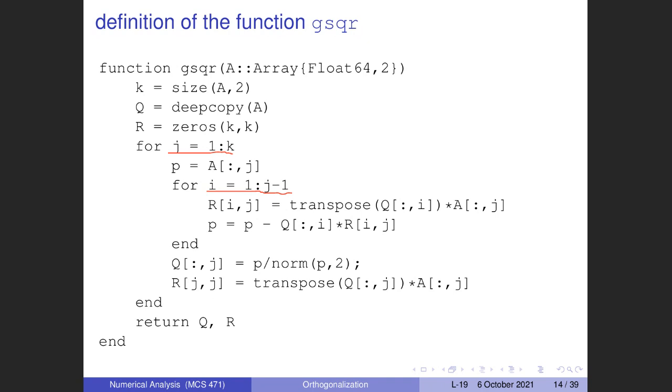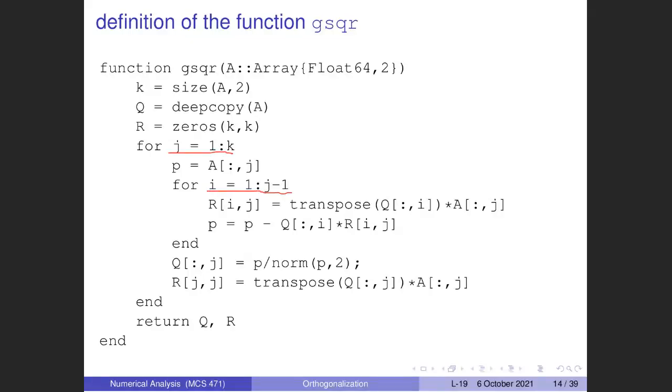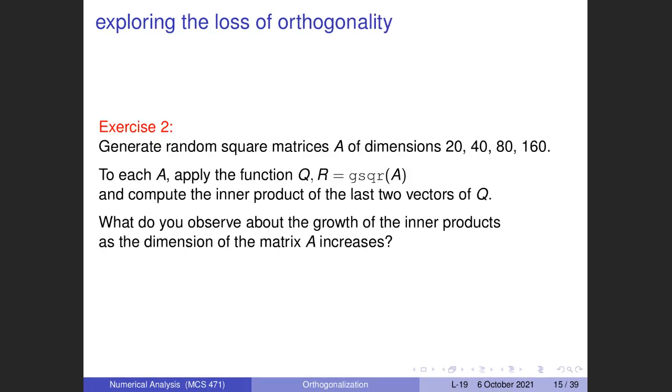Then we subtract, and we then normalize to get the columns of the orthonormal basis. And then we have to do one more multiplication to get the element on the triangular matrix. All right, so this is the algorithm that essentially follows the formulas where we started with.